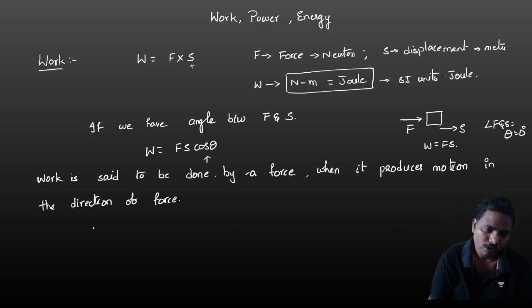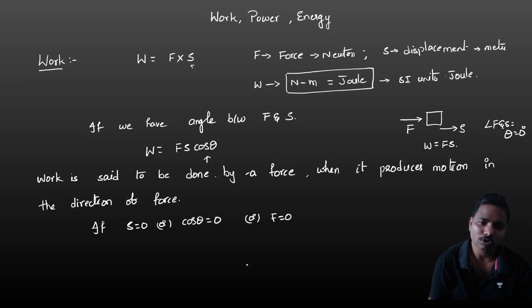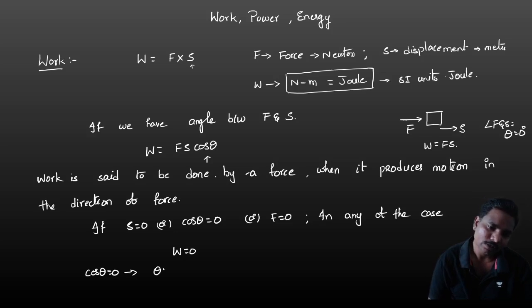So if S is equal to 0 or cos theta is equal to 0 or force is equal to 0, in any of these cases, work is said to be 0. Cos theta is equal to 0 means theta is equal to 90 degrees, correct?